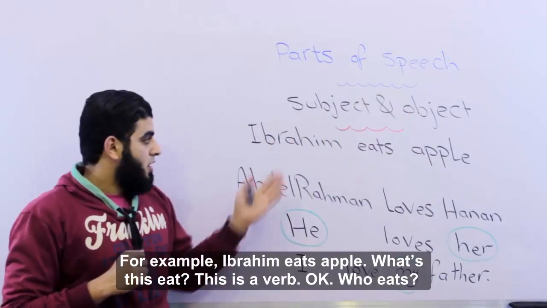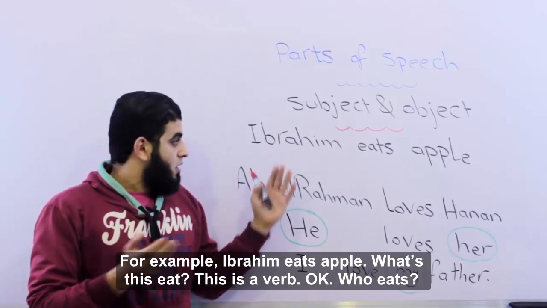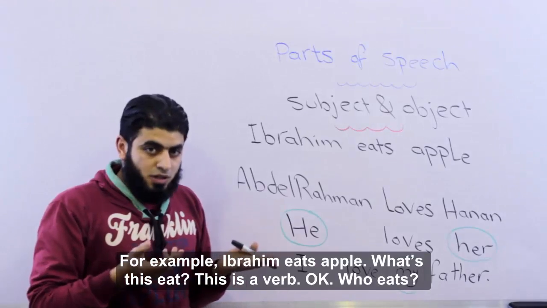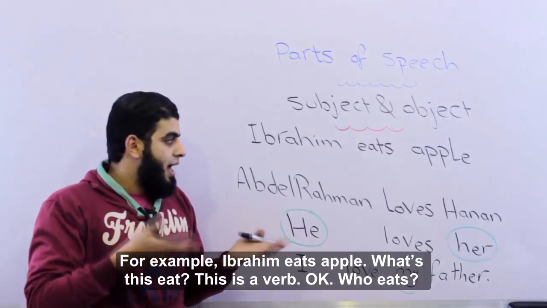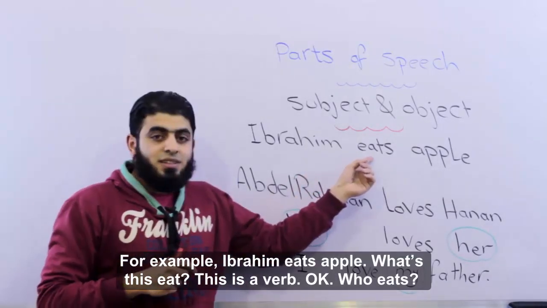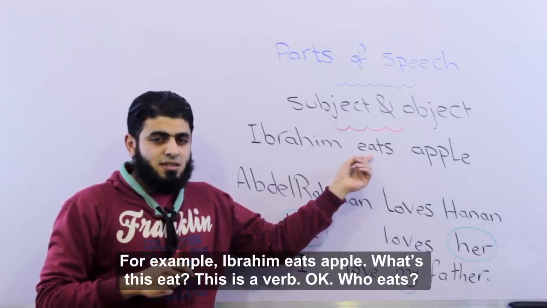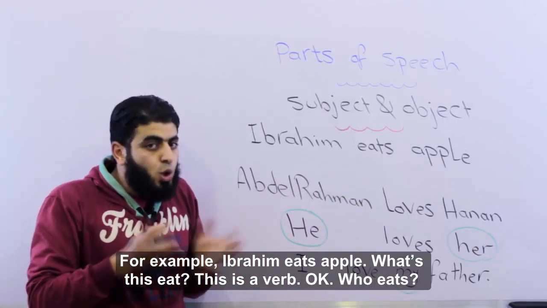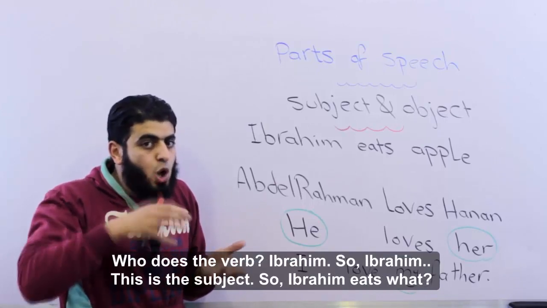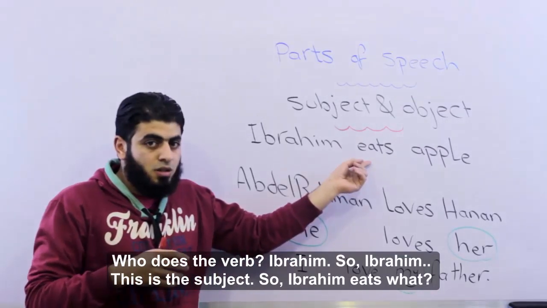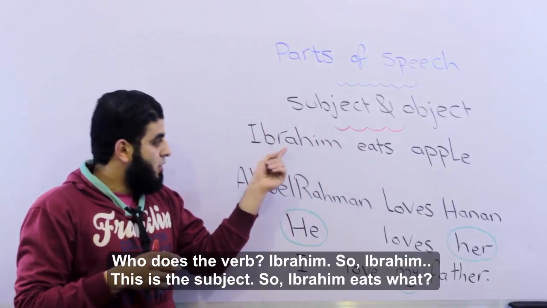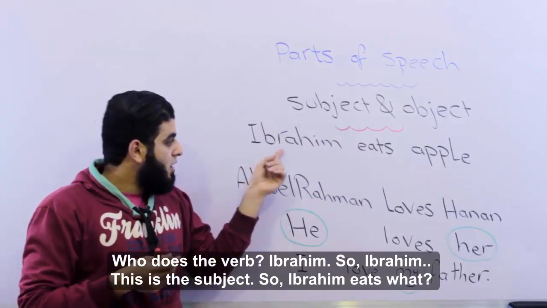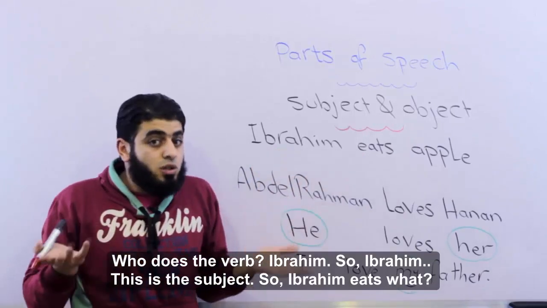For example, Ibrahim eats apple. What's this, eats? This is a verb. Okay. Who eats? Who does the verb? Ibrahim. So Ibrahim, this is the subject. So Ibrahim eats what?